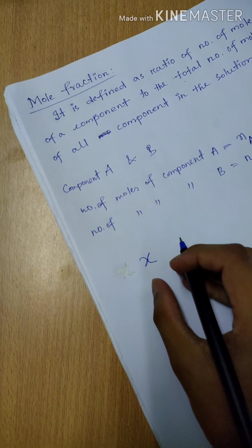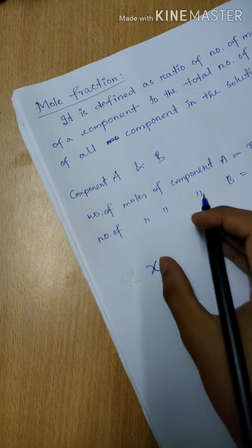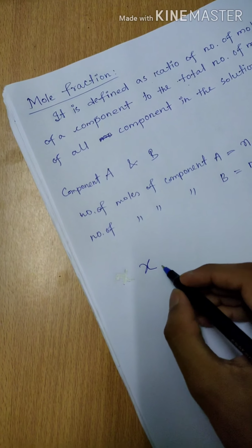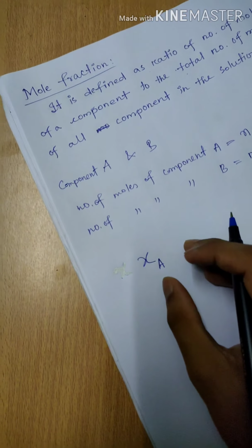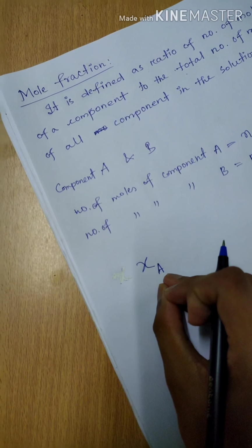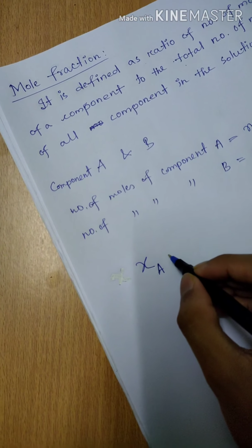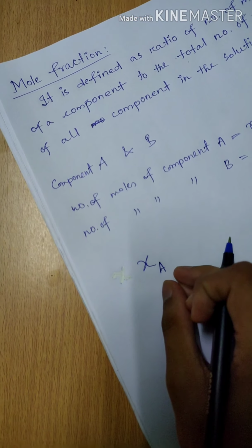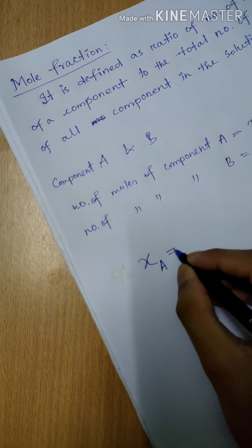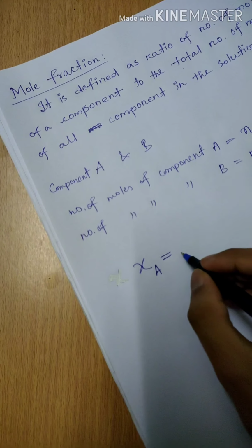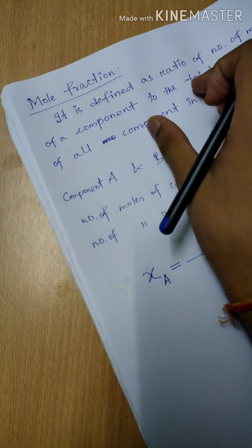Since we have to find the mole fraction for component A, we shall write xi A, meaning we are finding the mole fraction of component A.